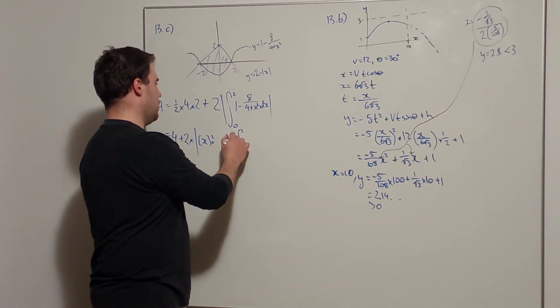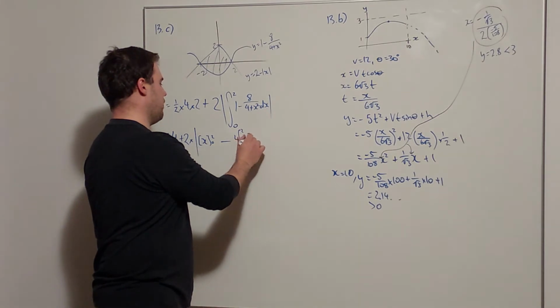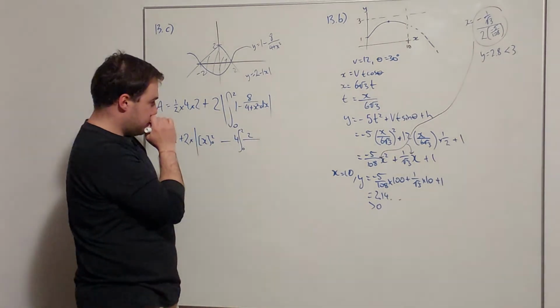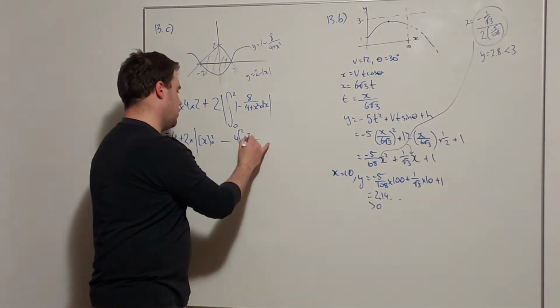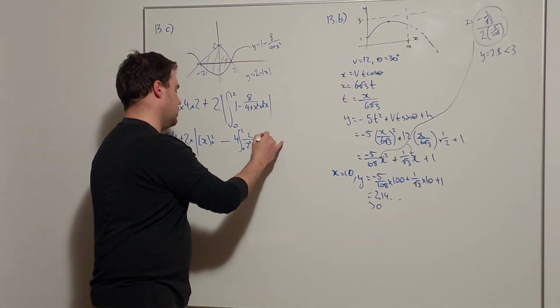I'm going to pull out a 4, so I have a 2 on top, and then I've got 2 squared plus x squared.